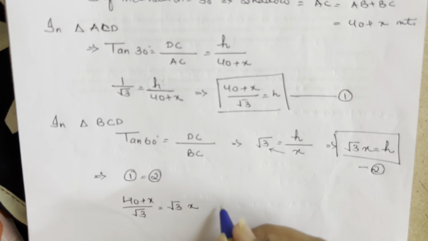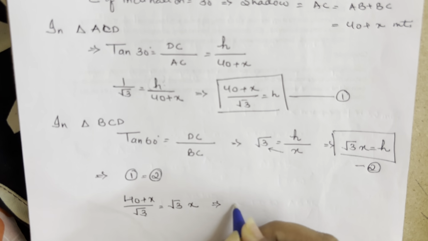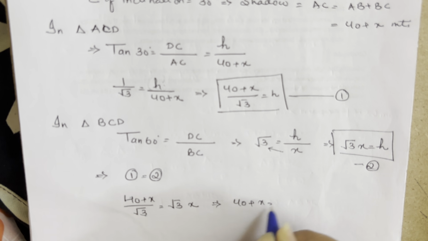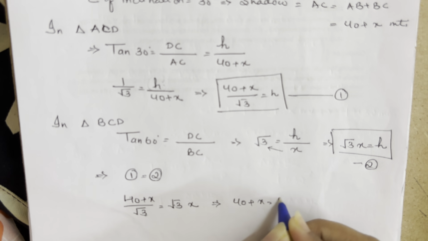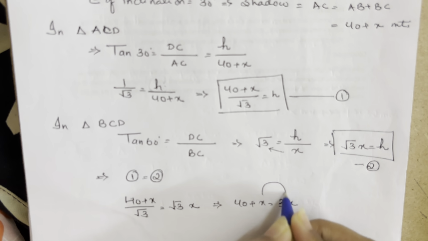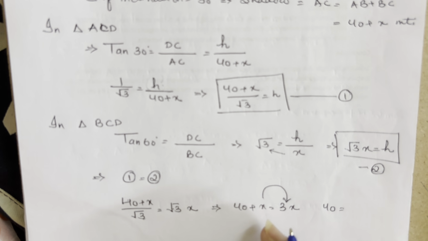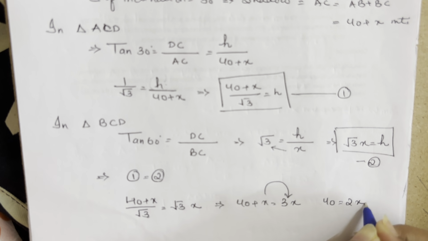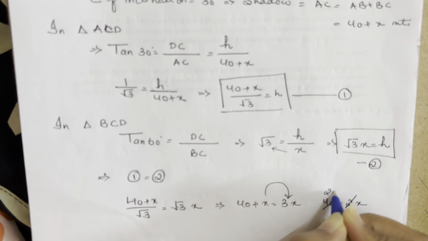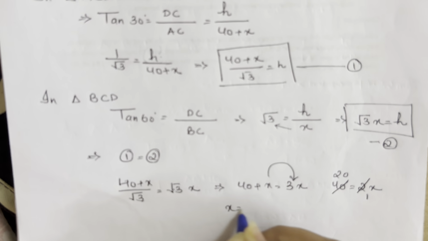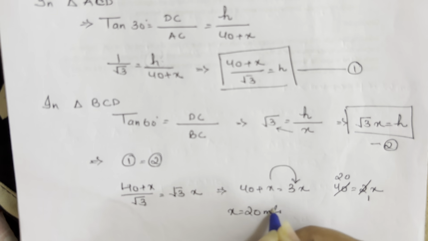When I send it to the other side and simplify, it becomes 40 plus x is equal to 3x. I'll bring this here, it becomes 40 is equal to 3x minus x, which is 2x. So I get x is equal to 20 meters.